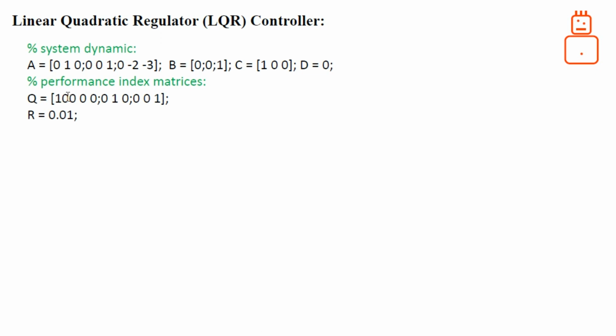So the first state has a gain of 100, whereas the other states have a gain of 1 and 1. The control gain is just a small amount, which is 0.01.